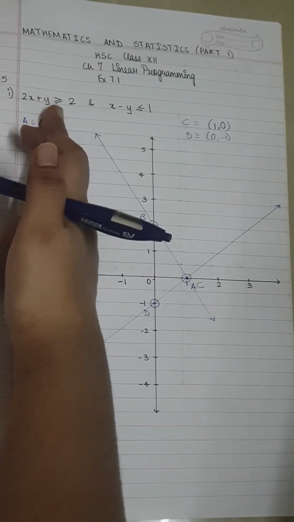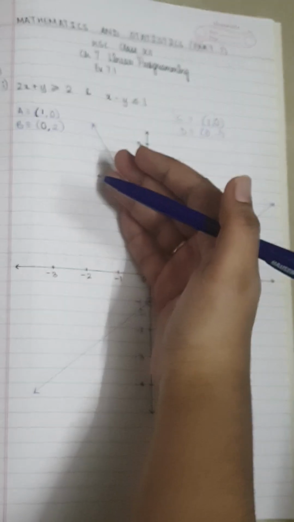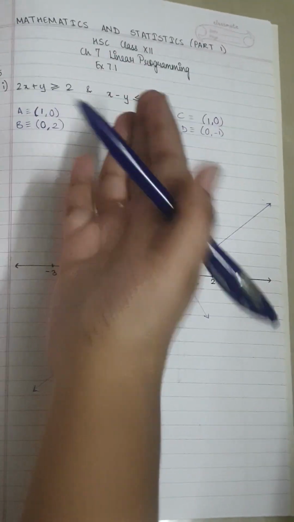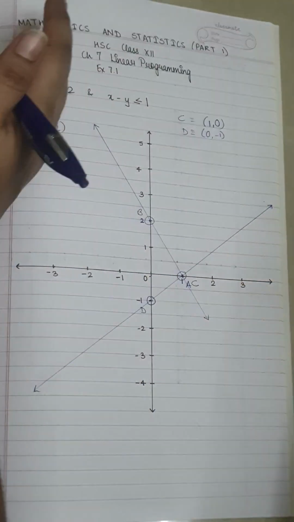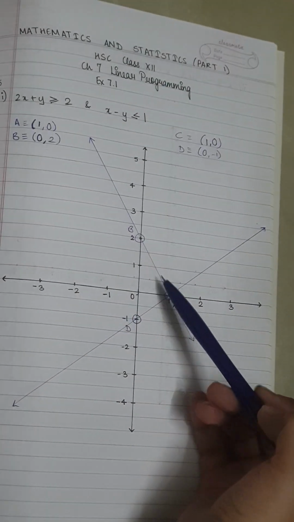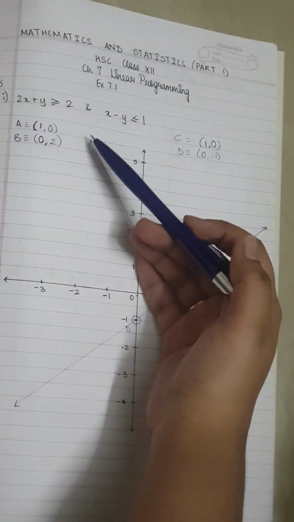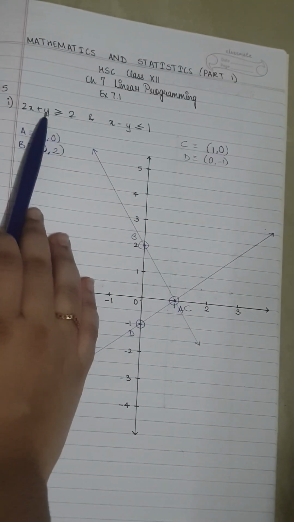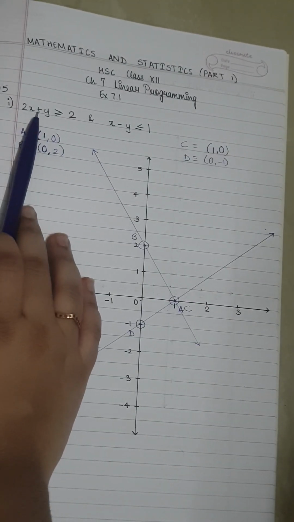Here it's greater than or equal to, meaning it has to be on that side. And here, since it's less than or equal to, everything is on this side. So AB is this line and everything has to be greater than that. That means everything is on this side, on your right.